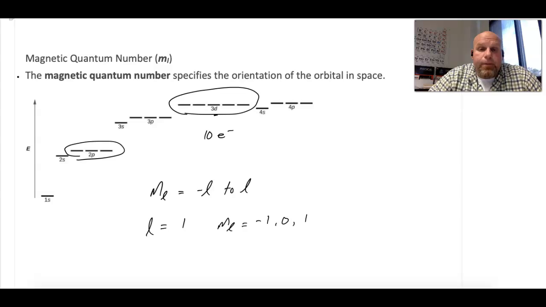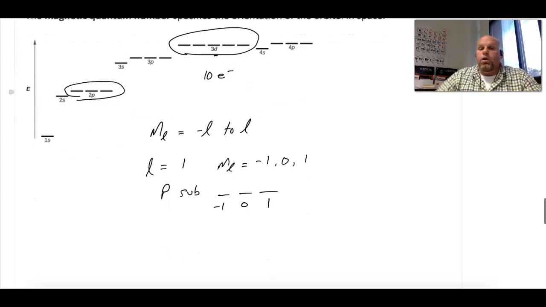So if we think about an L value of 1, that tells me I have a P sublevel or subshell. I know that a P sublevel has 3 orbitals. Each can hold 2, so P can hold a total of 6 electrons. So now we're going to identify these orbitals with regards to their magnetic quantum number. So these orbitals would be identified as -1, 0, and 1.